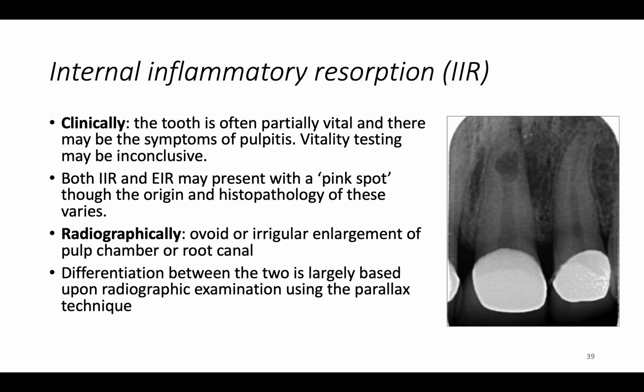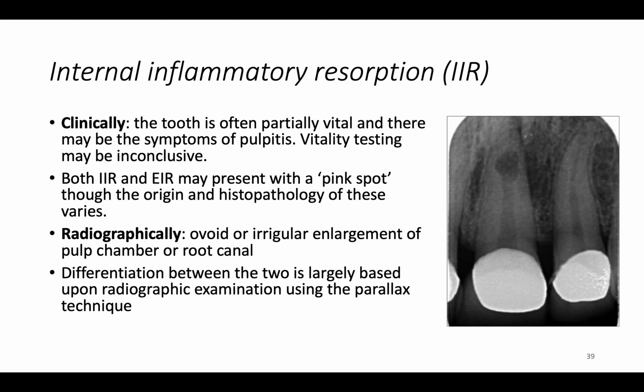Both the internal inflammatory resorption and the external inflammatory resorption may present as a pink spot. However, the histopathology is different. The origin of the resorptive tissue is different. If it's internal resorption, then the resorptive tissue is coming from within the root canal, while if it's external inflammatory resorption, the inflammatory cells will start resorbing the root surface from the periodontal ligament side.